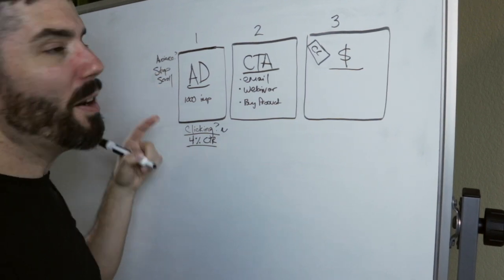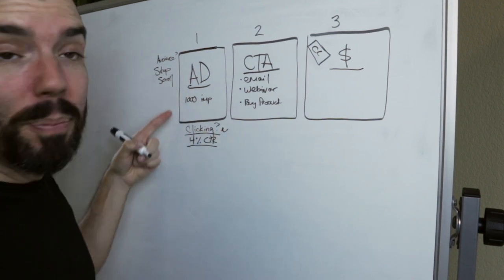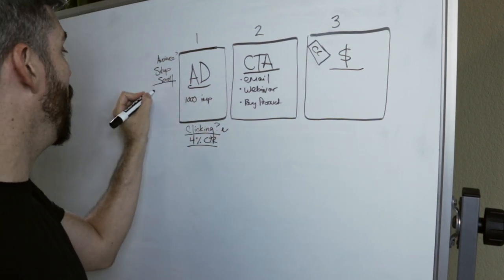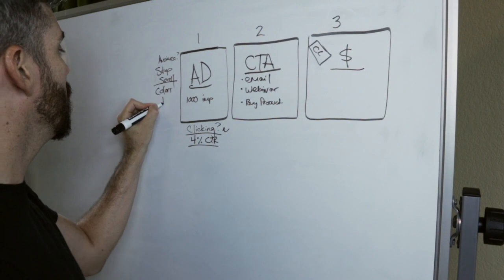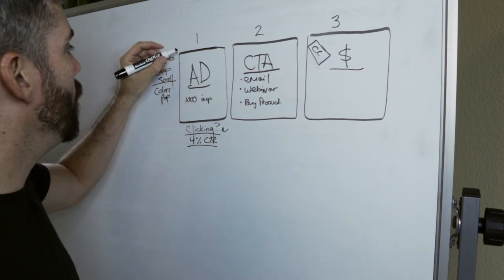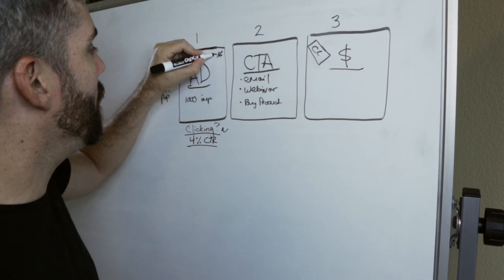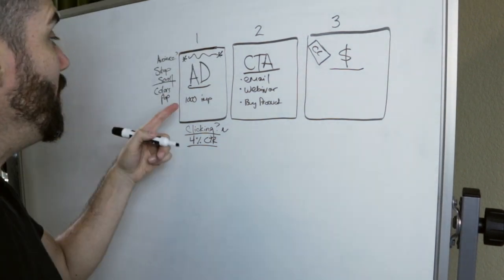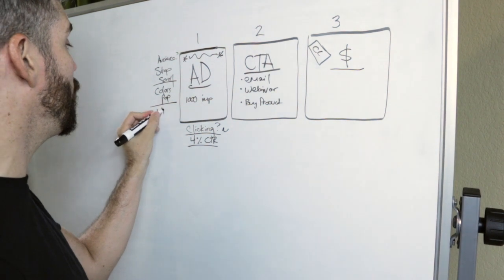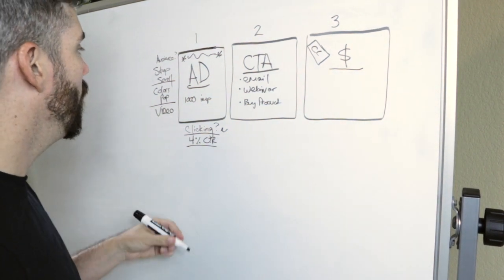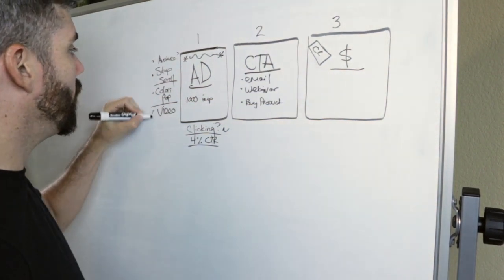Maybe I'm kind of boring. Maybe I need to spice up the color, right? Maybe I need to make the colors pop a little more. Maybe I need to use emojis up here in the headline and get people's attention there. Maybe I need to switch it out from a still image and let's try a video. Right? These are all the different things we start testing.